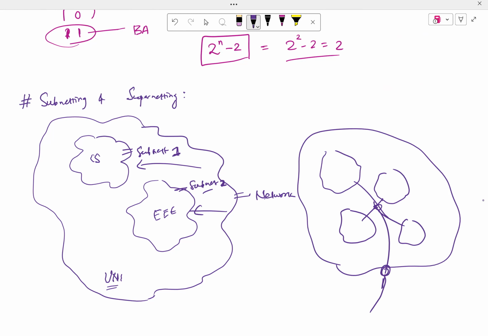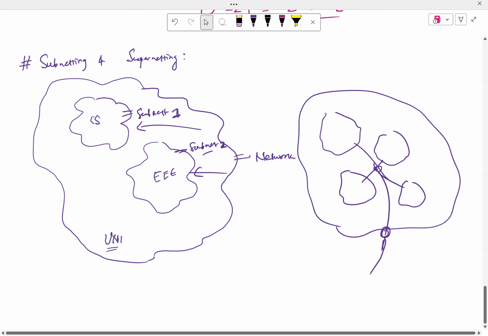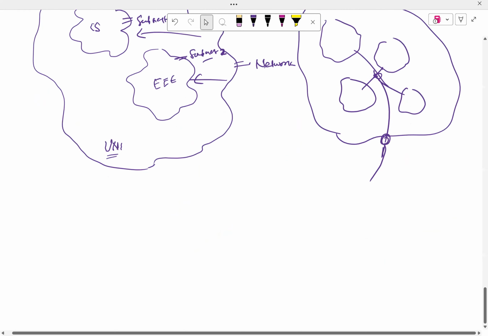So supernetting is combining multiple small networks into a single large network. Subnetting is splitting the large network into multiple small networks. It's very straightforward. There is a question regarding this. You can also solve this directly. So this is subnetting and supernetting.